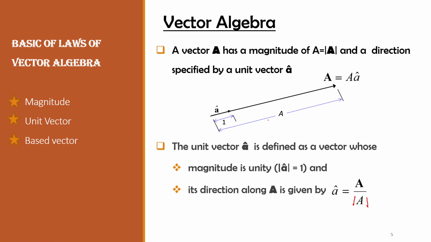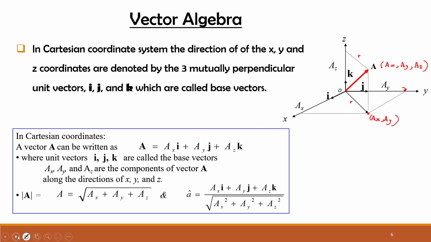But in the rectangular coordinate system, vector A has its x-axis about ax units, y about ay units, z about az units, and we know the unit vectors for x, y, z are denoted i, j, k.